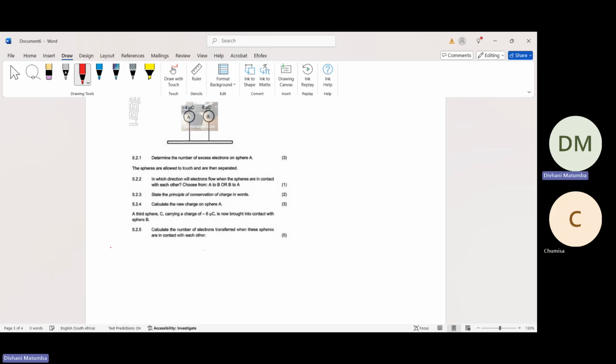The conservation of charge. How can you define the term conservation of charge? Charges cannot be created or destroyed. It can only be transferred from one object to another.